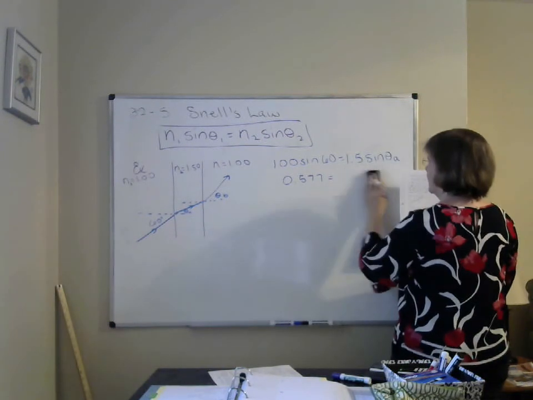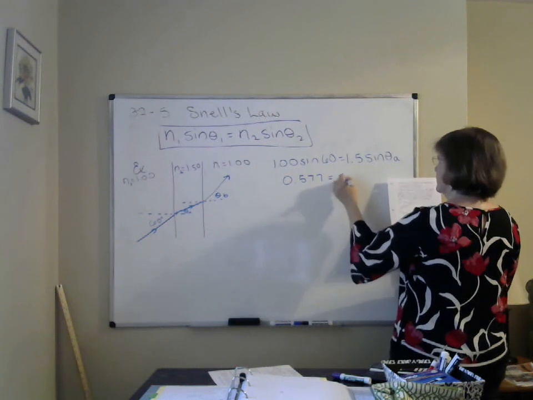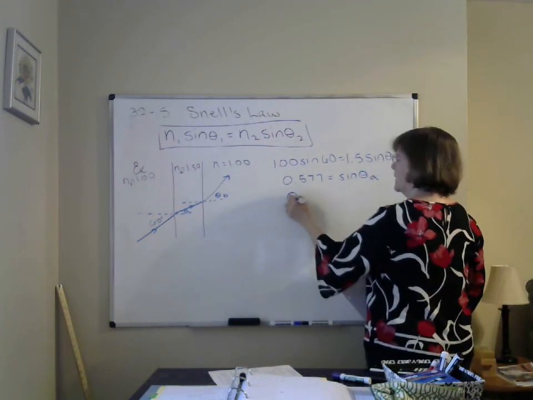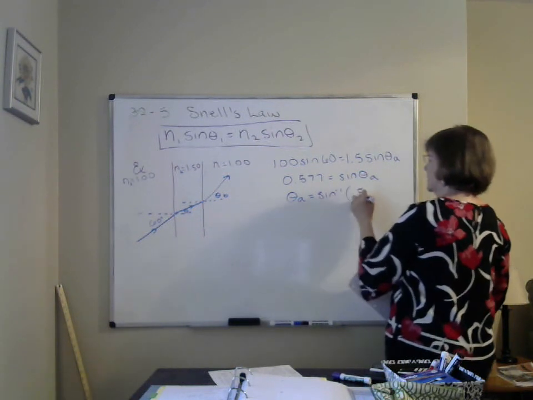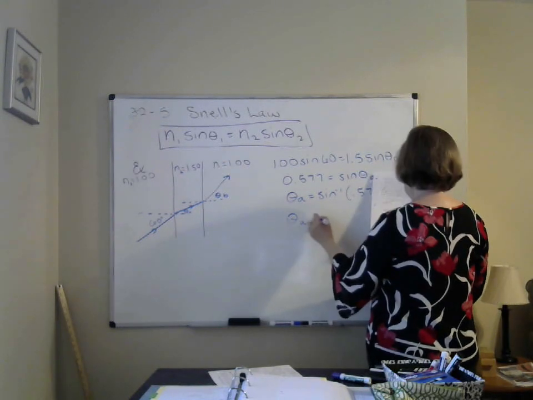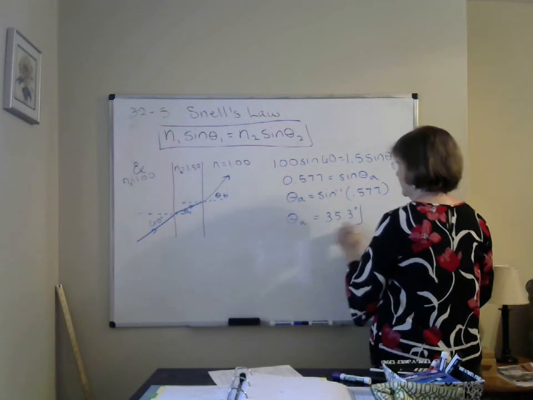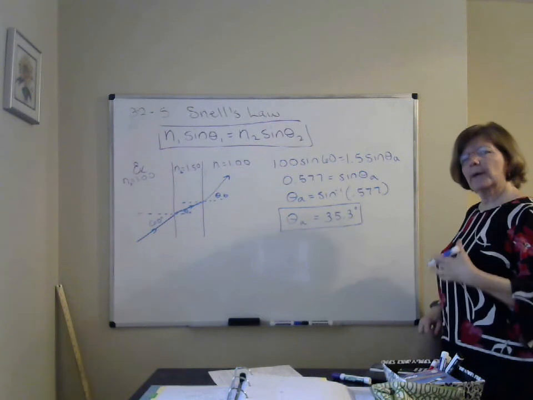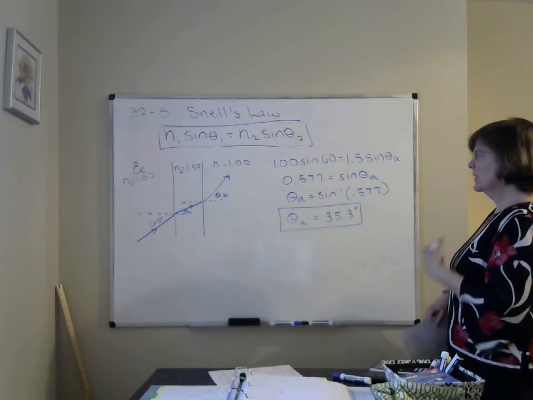This just equals sine theta A. To get the actual value of the angle, I have to do a sine inverse, and I get that that angle is 35.3 degrees. That agrees with my understanding that that angle should be smaller. I should bend toward the normal.